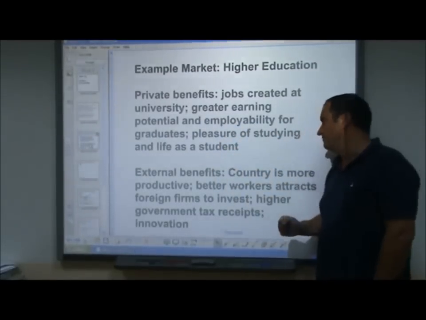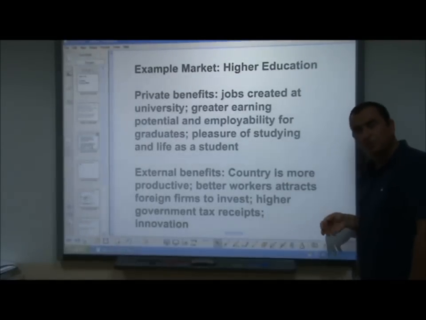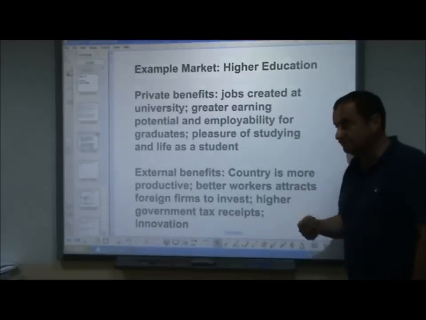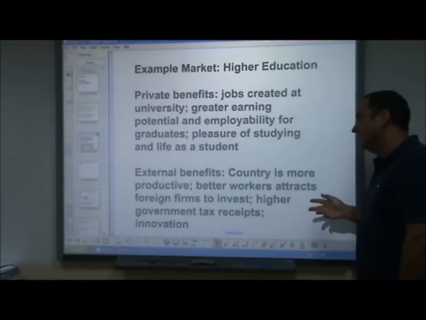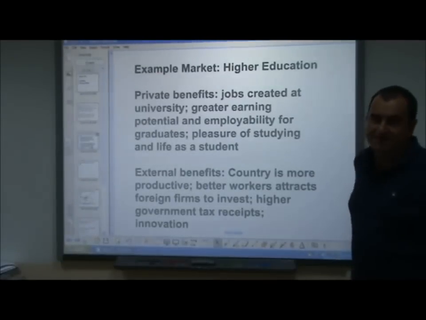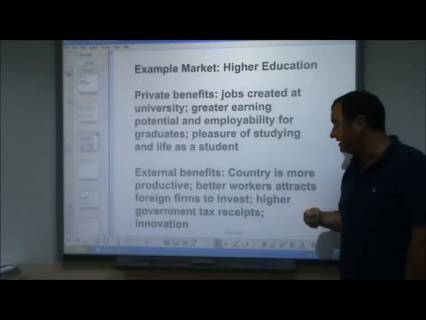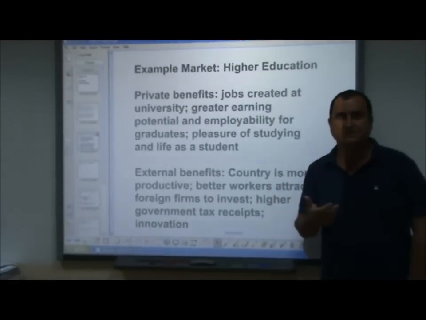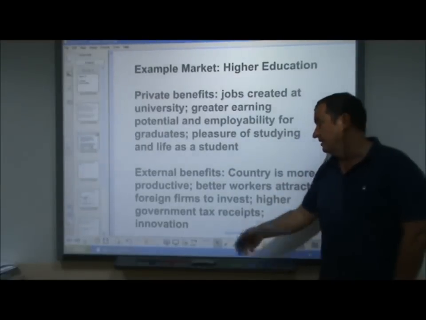But there are external benefits. The country is more productive if we have lots of graduates with more skills. Better workers attract foreign firms to invest in a country. Higher government tax receipts, because if more graduates are working at higher levels, they're going to pay more tax, and the government collects tax, and everyone benefits then because the government has more money to spend on roads, on defence, on healthcare.